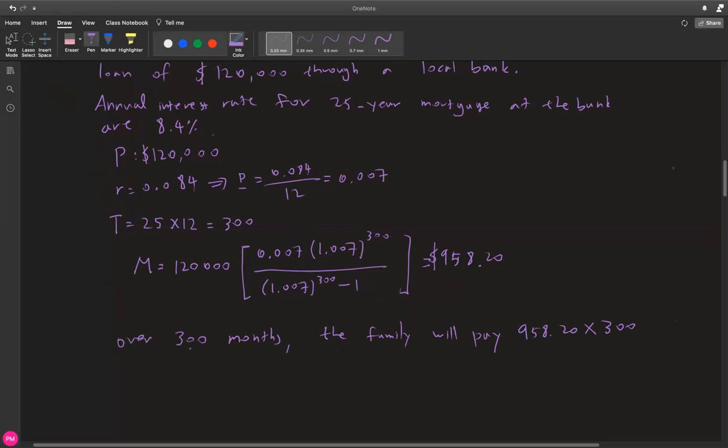That should be pretty intuitive, right? But how much is that really? That number actually is $287,400.